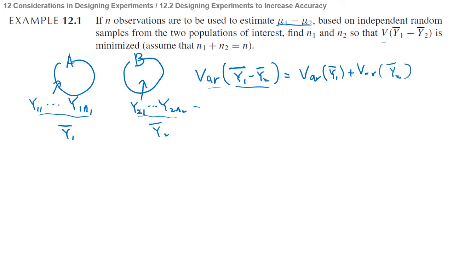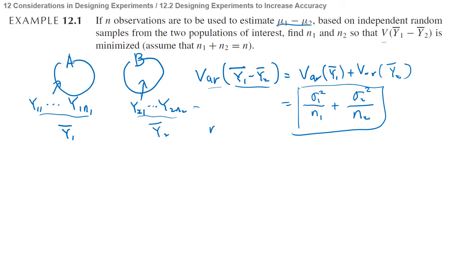The variance of y1 bar is sigma 1 squared over n1, and the variance of y2 bar is sigma 2 squared over n2. And so the question becomes minimizing this, with the restriction that n1 plus n2 equals n.